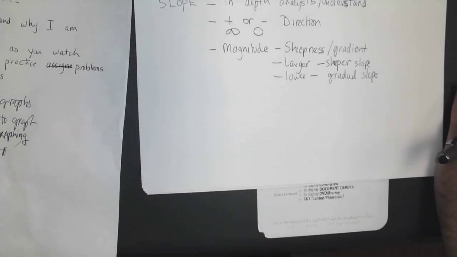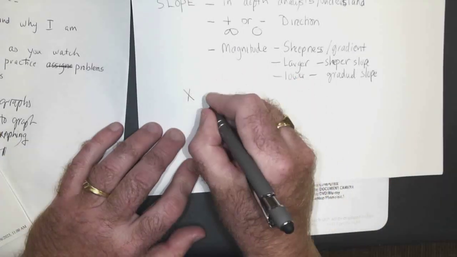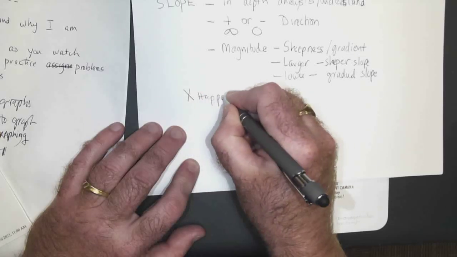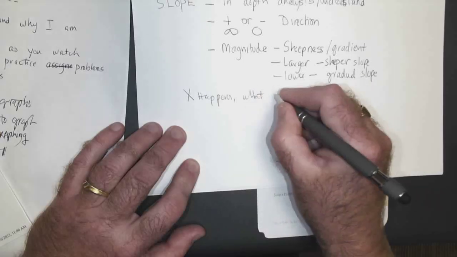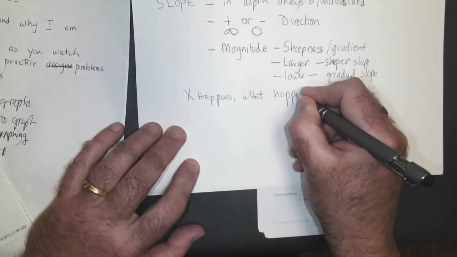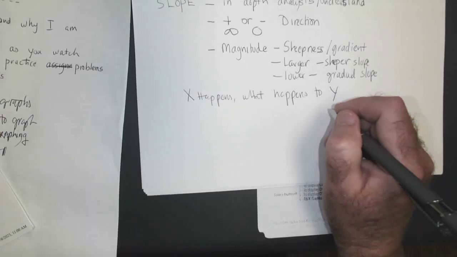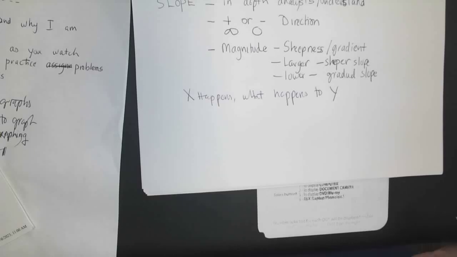So the slope is essentially saying, okay, when something happens to X, then what happens to Y? Okay? So how does one thing impact the other, right?